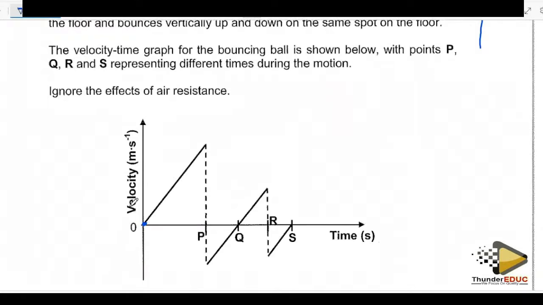When it is dropped, it's moving, and then reaches the floor. Then it starts to move up. At this point, it's probably reaching its maximum, because you can see that the velocity is 0 at Q. So that's the point where the ball reaches its maximum and then drops down, and then at point R, and so on and so forth.